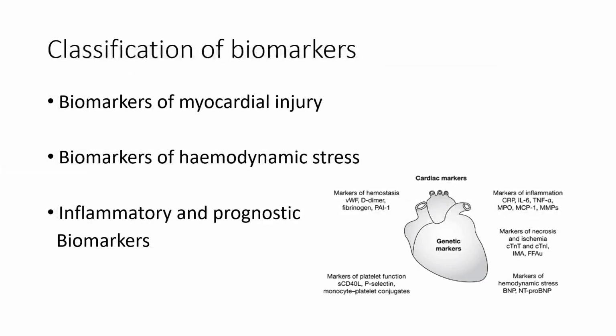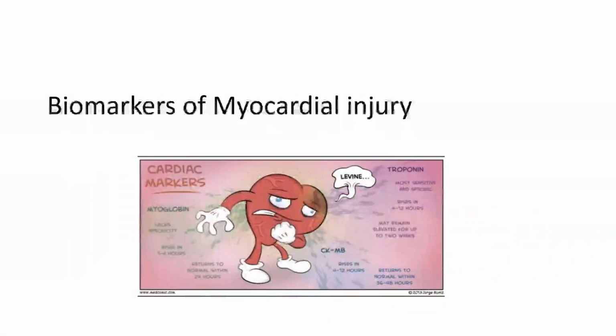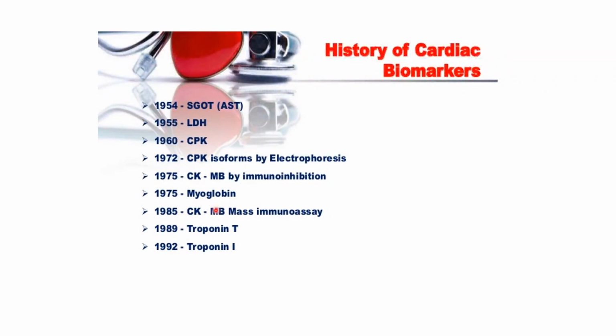There are many cardiac biomarkers, but today we will be talking only about the relevant ones which are practically useful and helpful in diagnosis. First we talk about the biomarkers of myocardial injury, which is the main topic for today. We will only talk about markers which are currently being done.